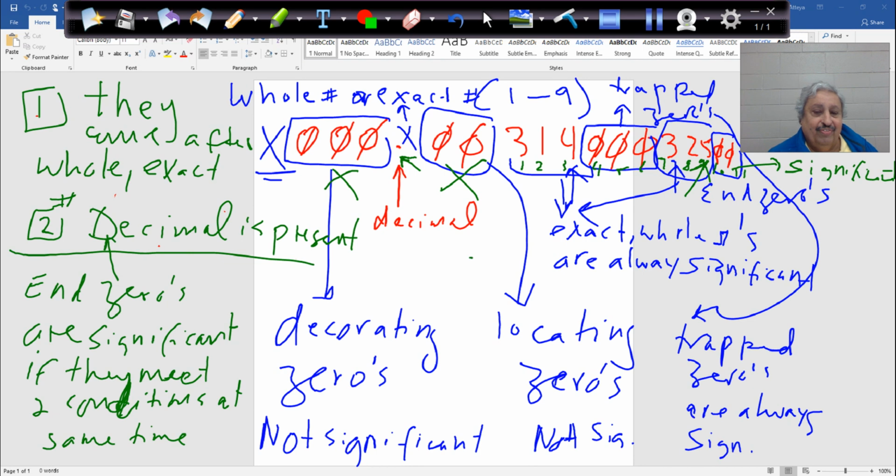So how many sigfigs we have? 11 significant figures. So we answered the question: how many significant figures does this value have? The answer is, this value does have 11 significant figures.